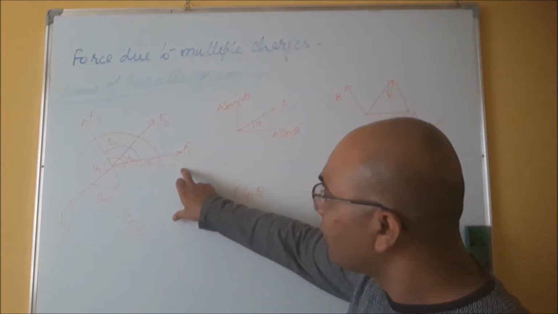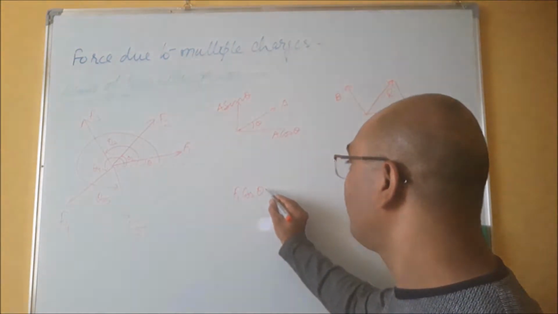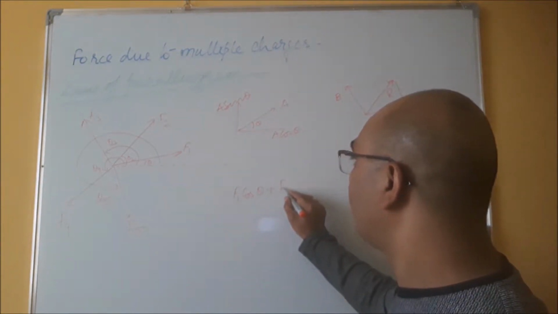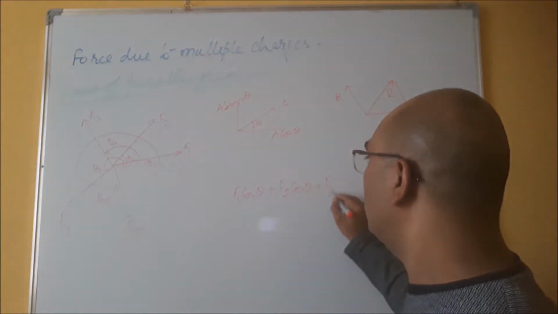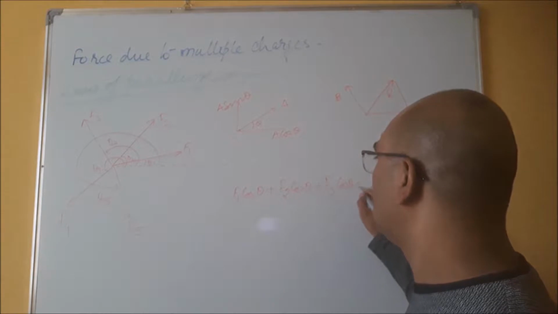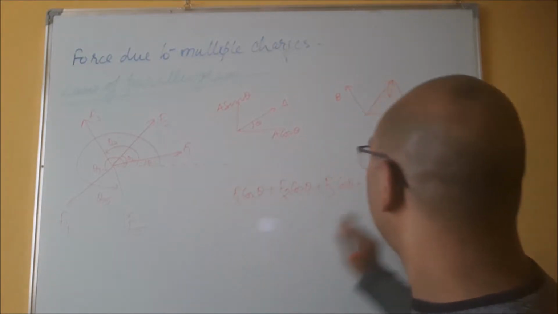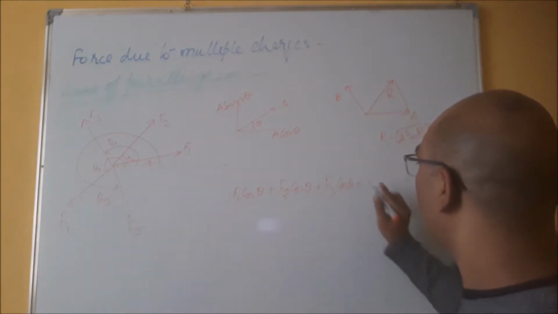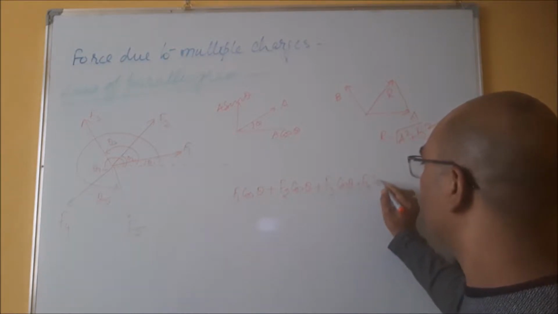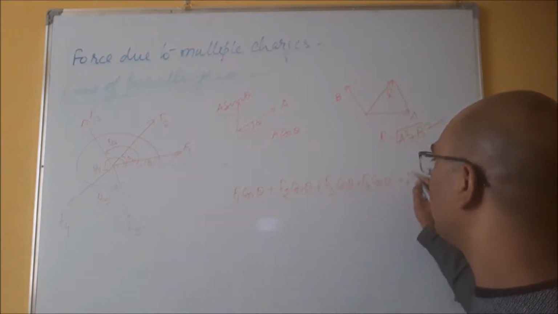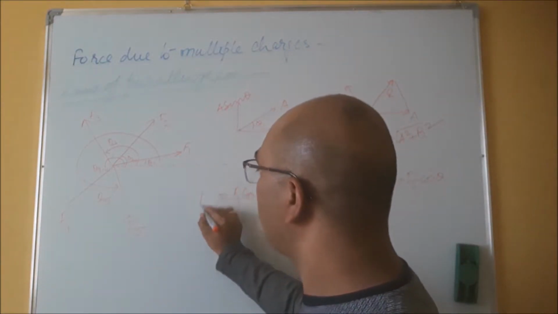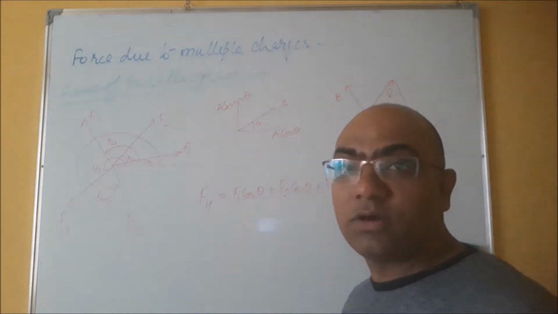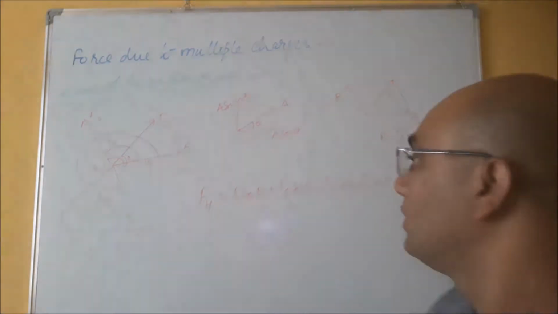The horizontal component of this is F1 cos theta, for F2, F2 cos theta, F3 cos theta, and so on, F4 cos theta, and last F5 cos theta. So this is the horizontal component. Suppose I call this FH, the horizontal component of force.